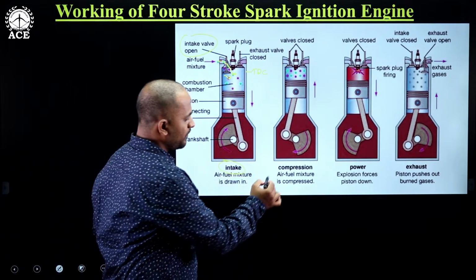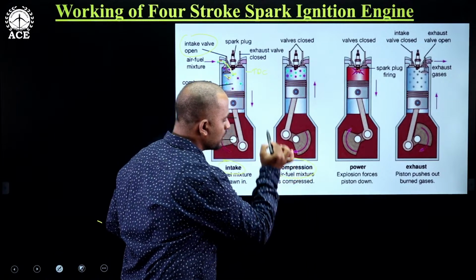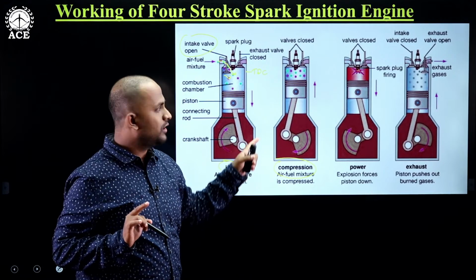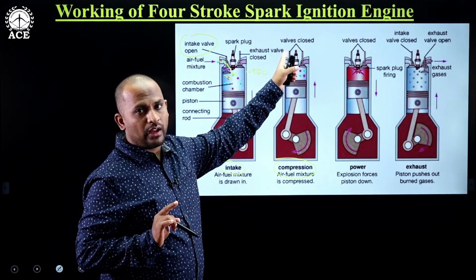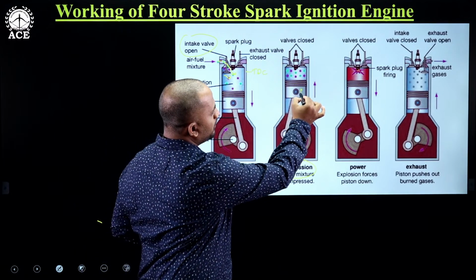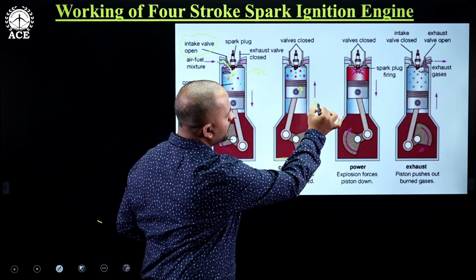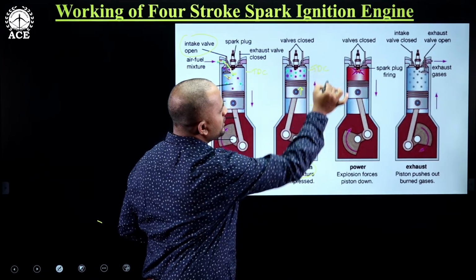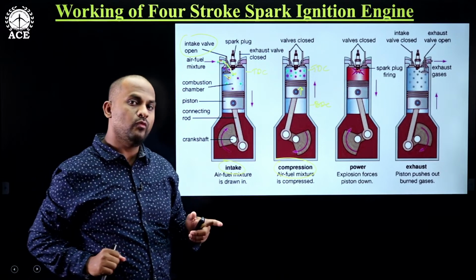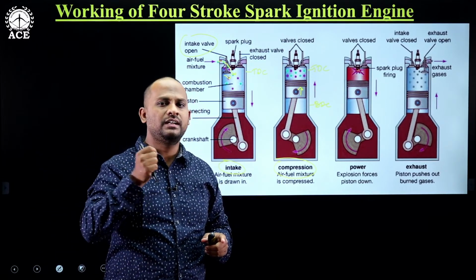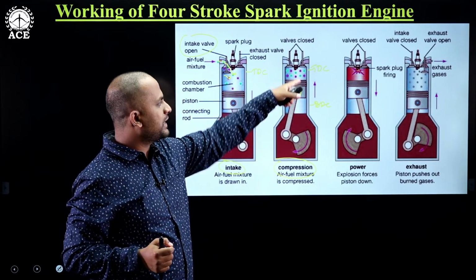Next comes the compression process. Already the intake valve is closed, right? And the exhaust valve is also closed. Now the piston will be moving from BDC to TDC. When it is moving from BDC to TDC, the volume decreases, which increases the pressure and temperature of the charge present here.